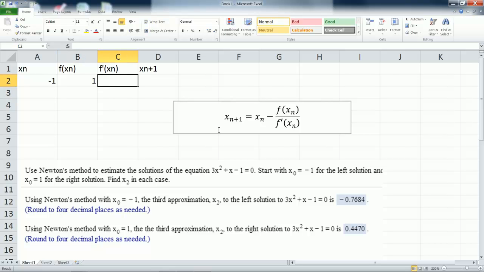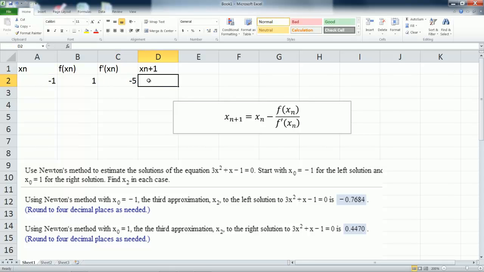Now I also have to find the derivative, okay? That's what the f prime means. So by looking at this, I can see the derivative would be 6x plus 1. So this would be equals 6 times x plus 1.